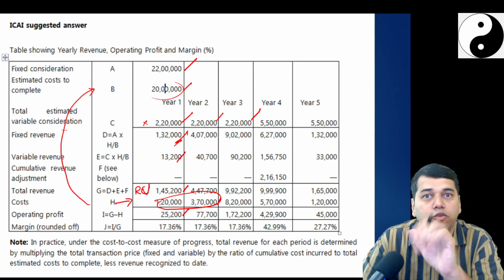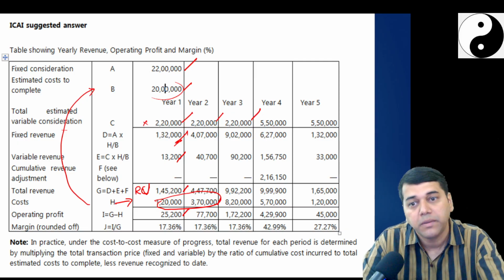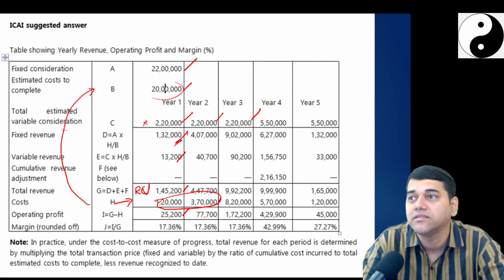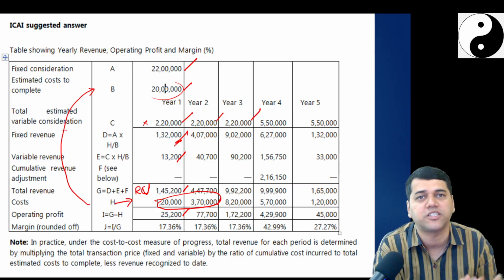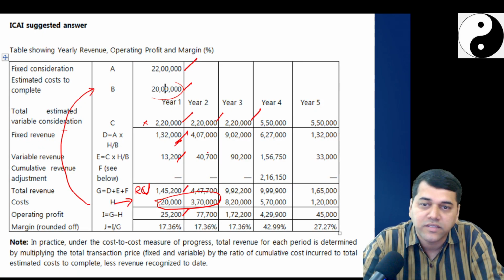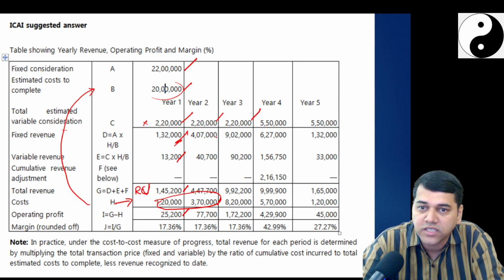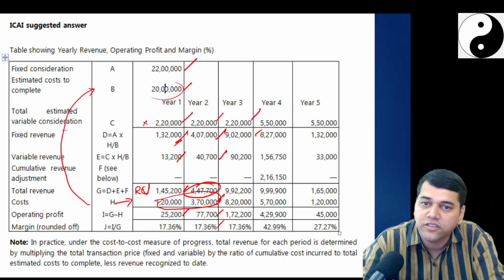Now, I'll tell you one more thing. What if my estimated cost also changes? That's why YTD is always the best one, because it will incorporate every adjustment. So like this, in the second year you will take only the percentage, calculate the fixed and variable revenue total and minus the cost, like this you will proceed.